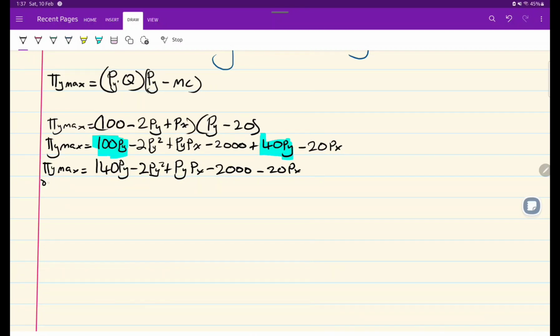So then taking the partial derivative with respect to Py this time, you get 140 minus 4Py plus Px, setting that equal to 0. And dividing through by 4.